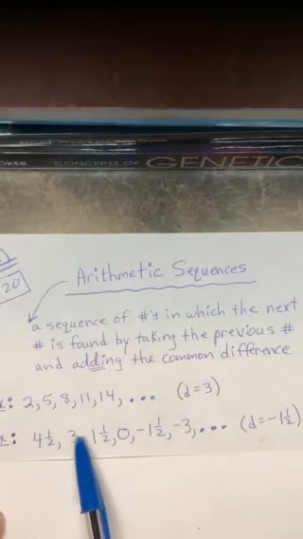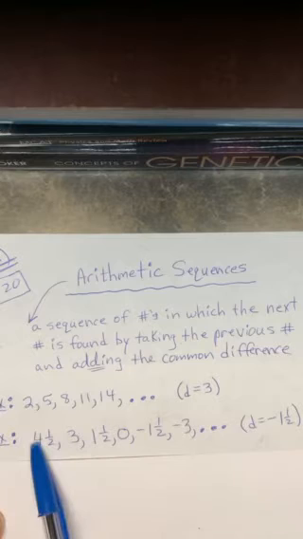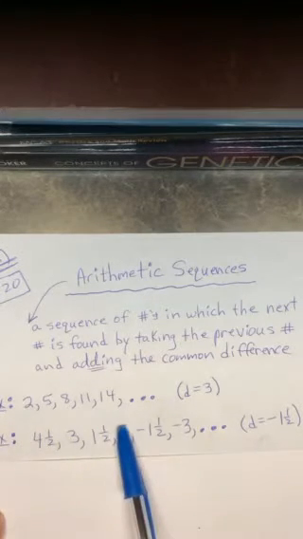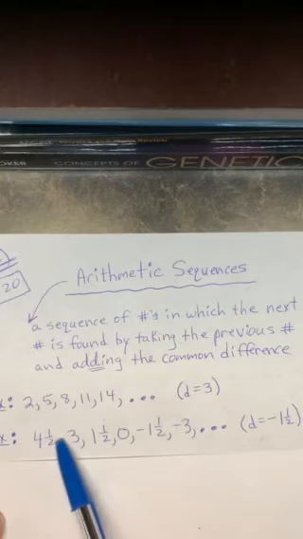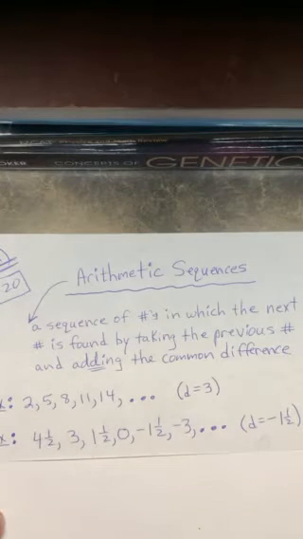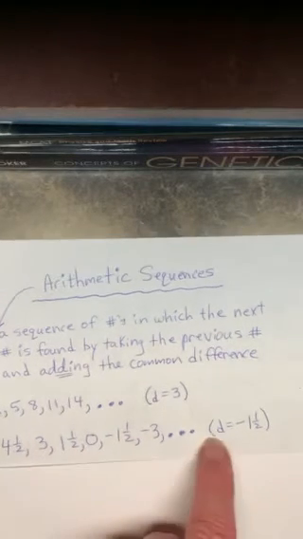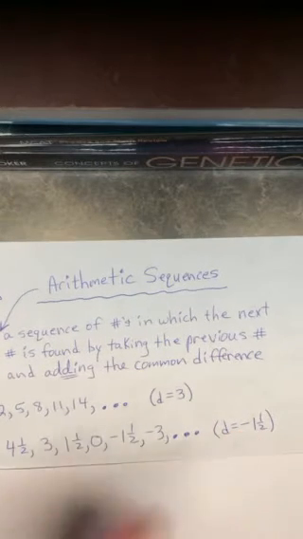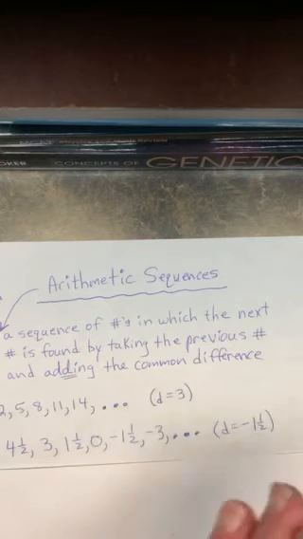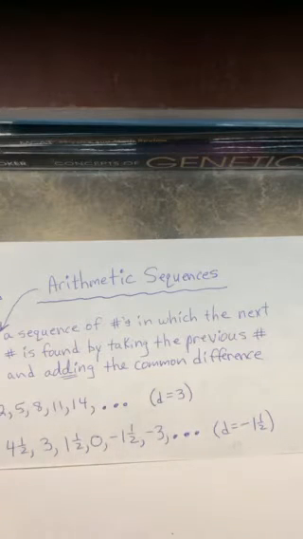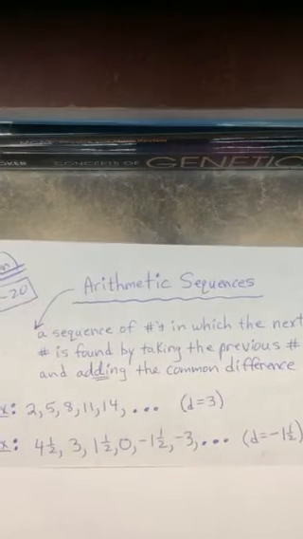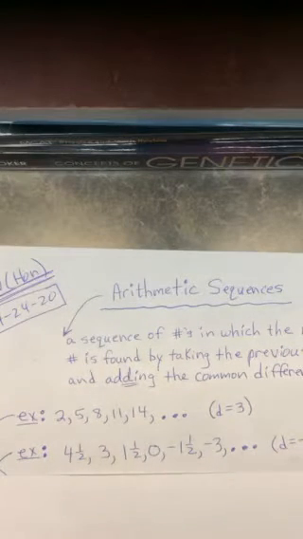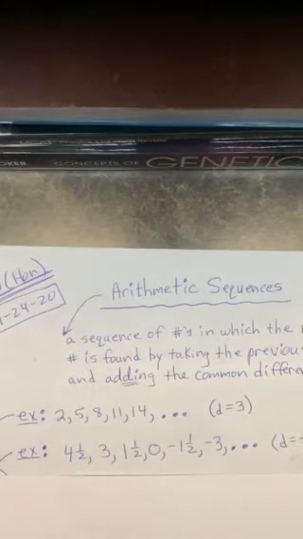So the next number is found by taking the previous number and adding some number every time. So aren't we adding negative 1.5? So technically our common difference is negative 1.5 because we're adding a negative number each time, and that's the only way the numbers can keep getting smaller. So those are the two just very basic, easy examples I'm going to use to point out a couple of important things today.